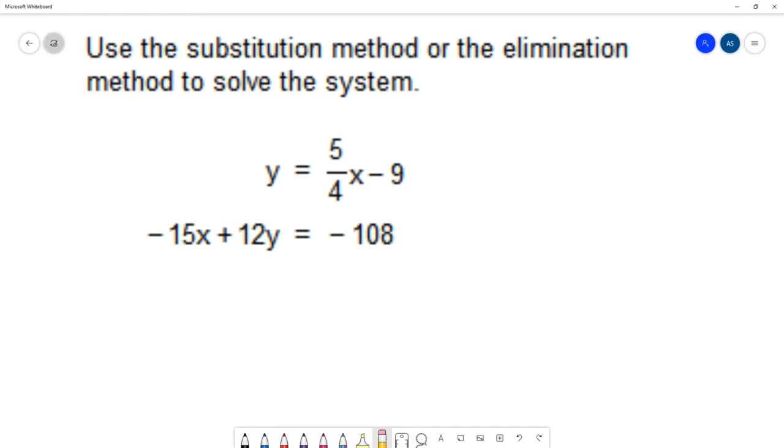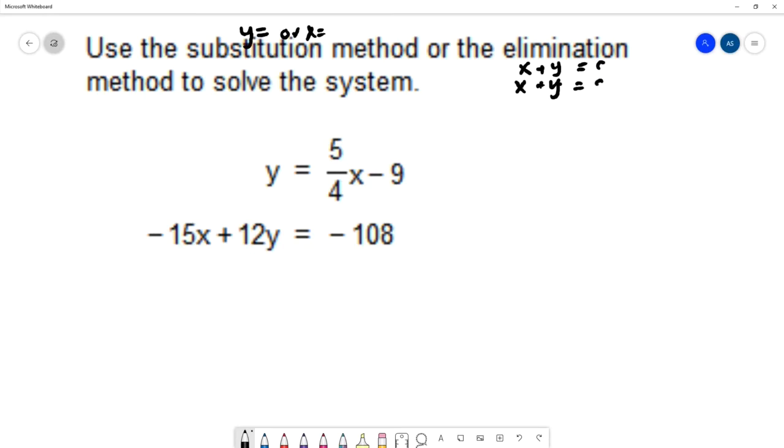And the directions here do give us the choice between the substitution or the elimination method. For the substitution method, it's faster if you have y equals or x equals. And for the elimination method, you're looking for all your terms to be lined up, especially your equal sign.